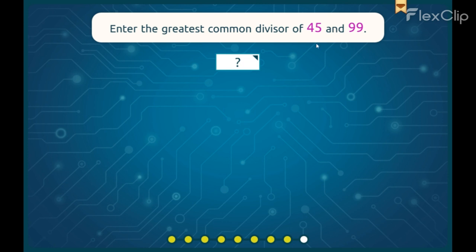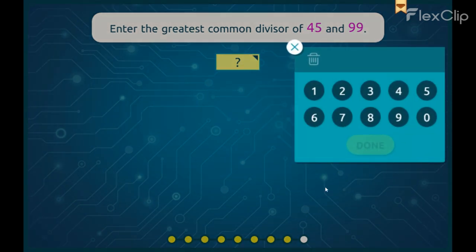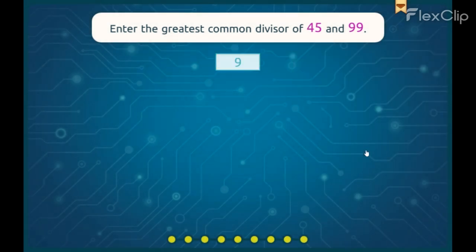It would be 11. And what about 45? 4 plus 5 is 9. Yes, it's a friend of 9. And actually, 5 times 9 gives us 45. So we have 1 as a common divisor and 9. And 9 is bigger than 1. That's why 9 is the greatest common divisor.